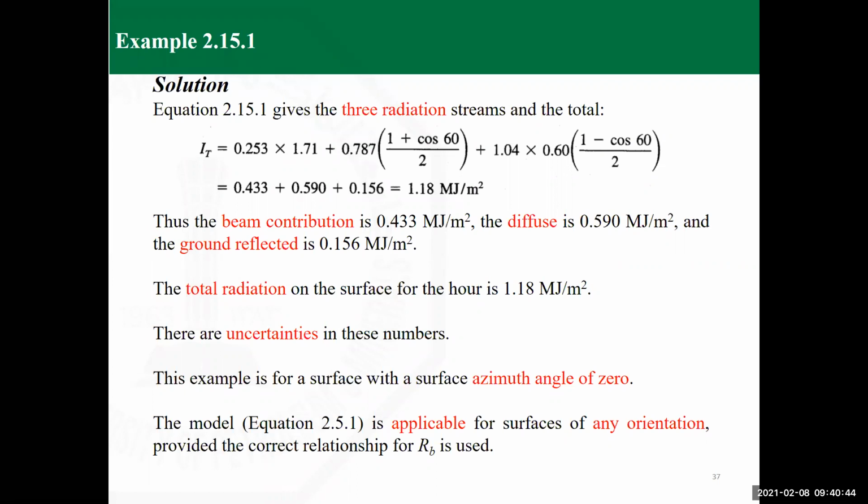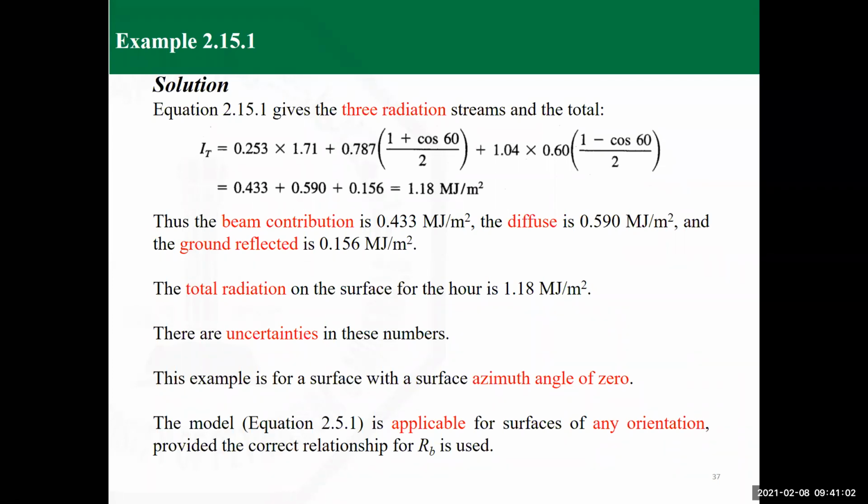Definitely, because there are correlations with certain assumptions, there are some uncertainties associated with this calculation. The example we have taken here assumes the surface is facing south, so the azimuth angle is 0.